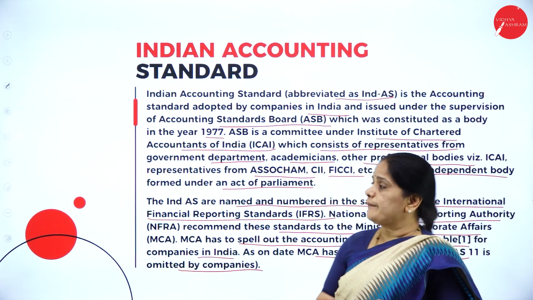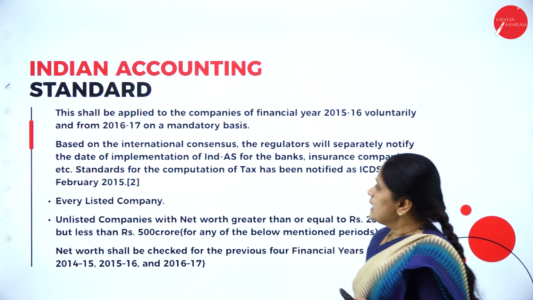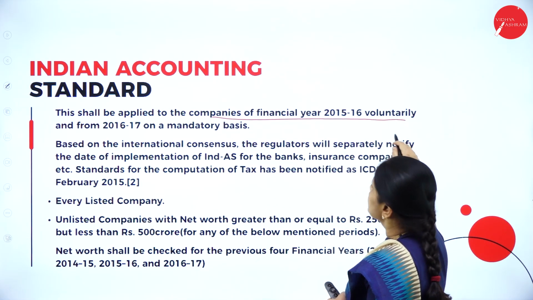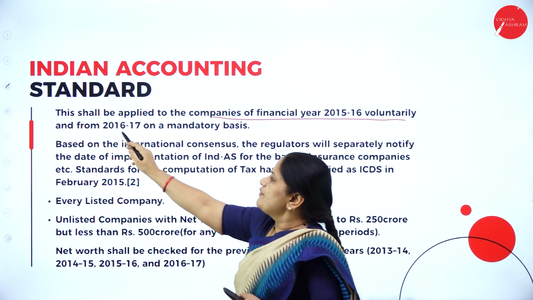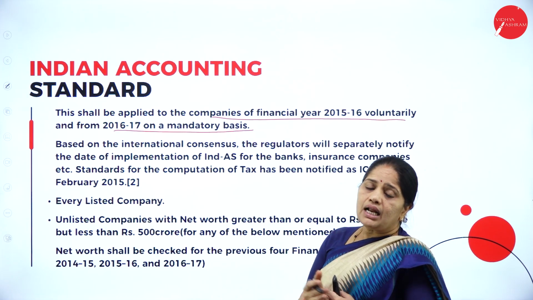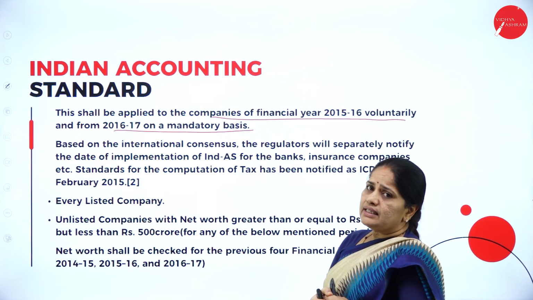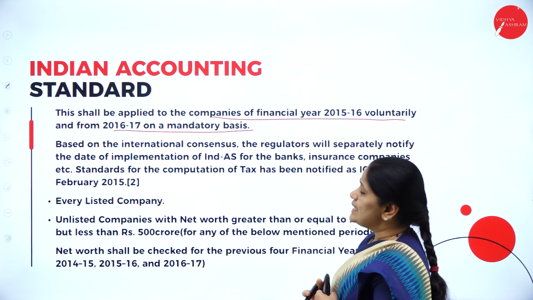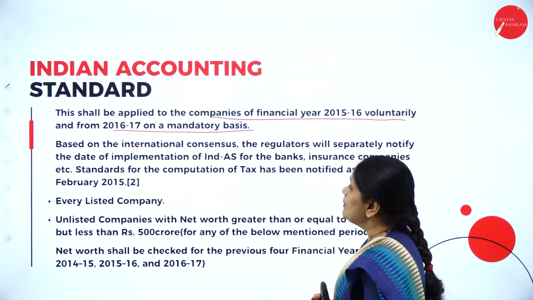Now, the next one is, it shall be applied to companies from the financial year 15-16 voluntarily and from 2016-17 on a mandatory basis. So in the first year of its application it was voluntary, then they made it mandatory.